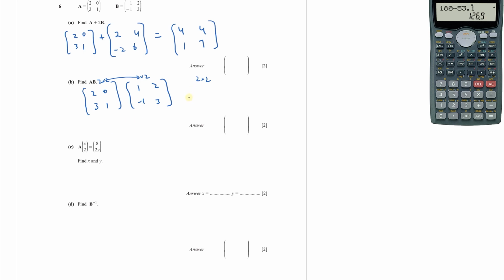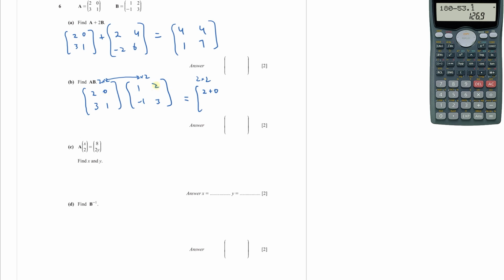So to calculate this 2 by 2 matrix, I will take the first row multiplied by the first column, which will give you the value in the first row and first column. So whichever row and column you're multiplying, you will end up with the value in that row and column. So this will be 2 times 1, which is 2 plus 0.